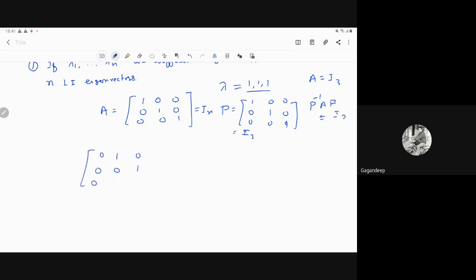In this case, how many independent eigenvectors do we get? 1, 2, or 3? The eigenvalue is repeating 3 times. What is the eigenvector in this case? Only one eigenvector. So this matrix is not diagonalizable, because you are getting fewer independent eigenvectors.